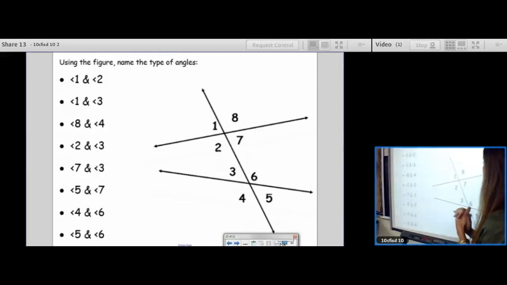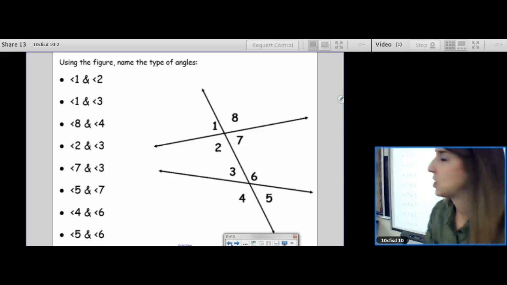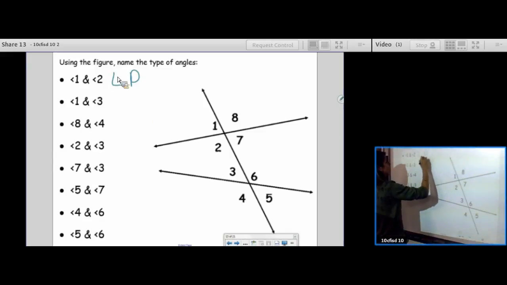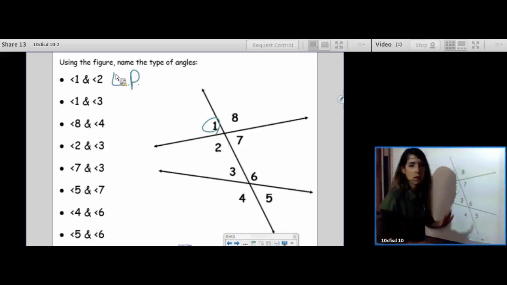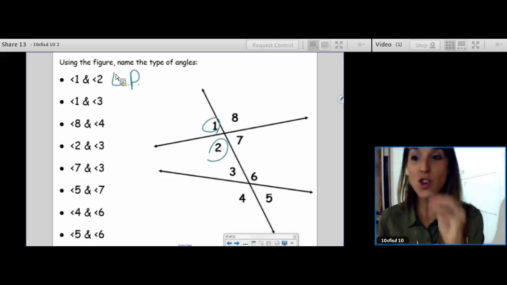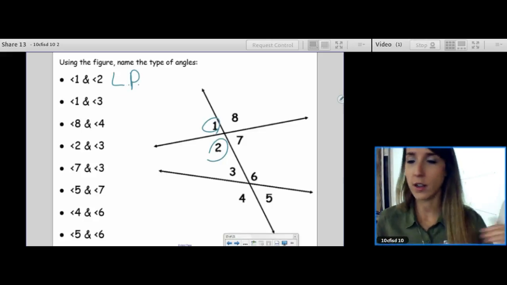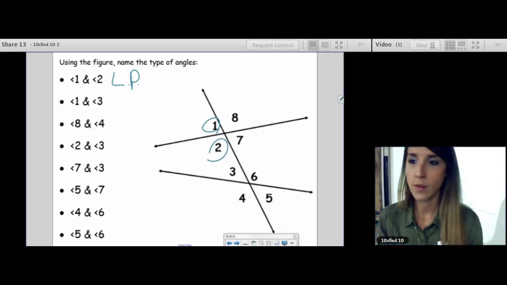So if I look at my picture, angles 1 and 2, Sharon already said it, those are a linear pair. Those angles are not new to this unit, so don't try to call those corresponding or same side. Those are still a linear pair.